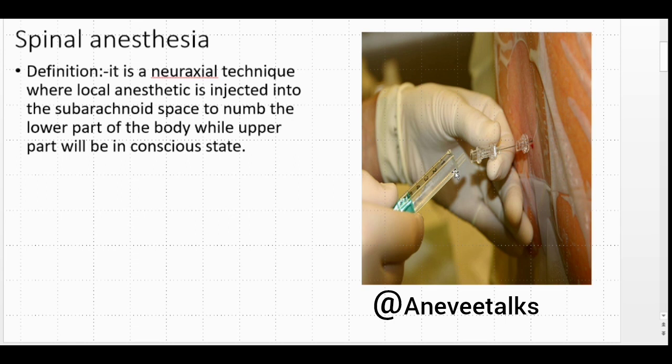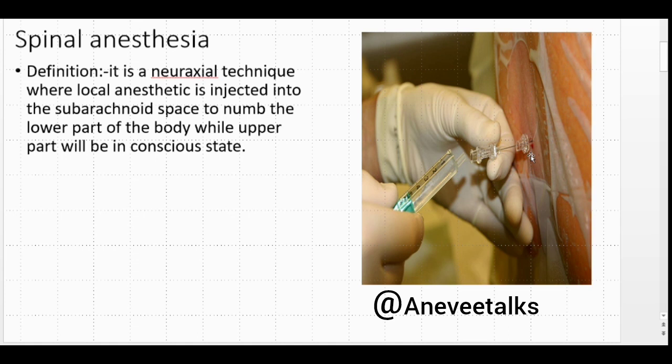How will we get to know where to give the drug, where only the CSF is present? To know that, we should have thorough knowledge of the anatomy of the spinal cord and the vertebrae.